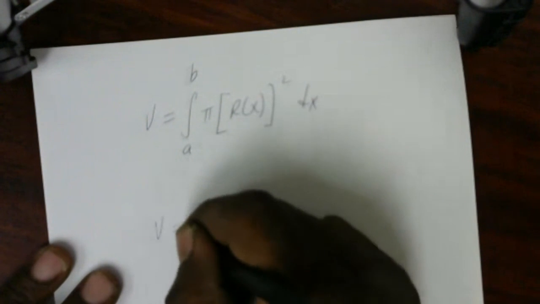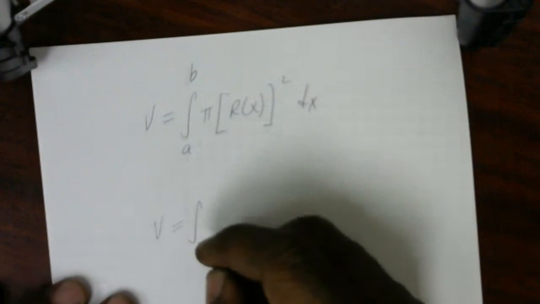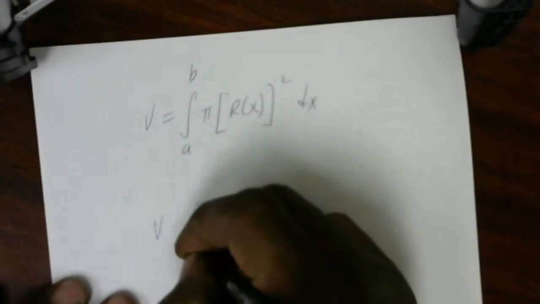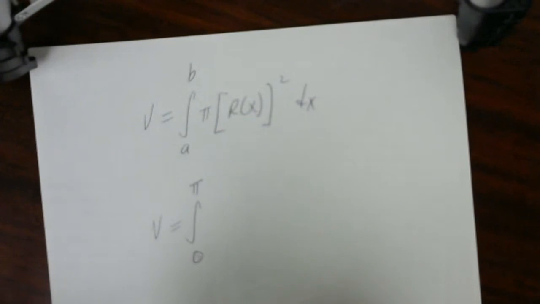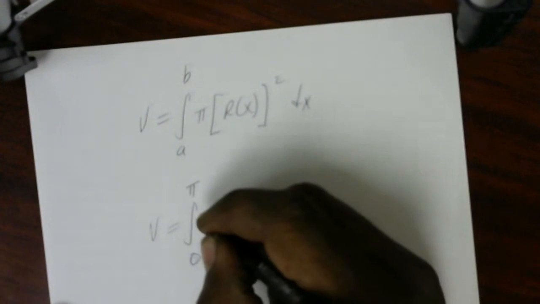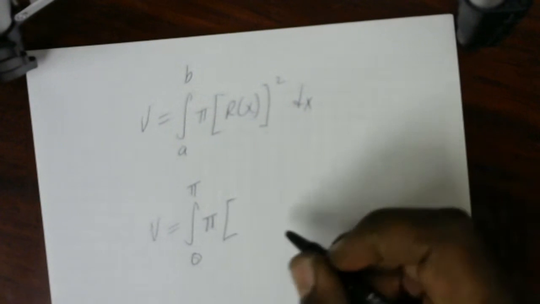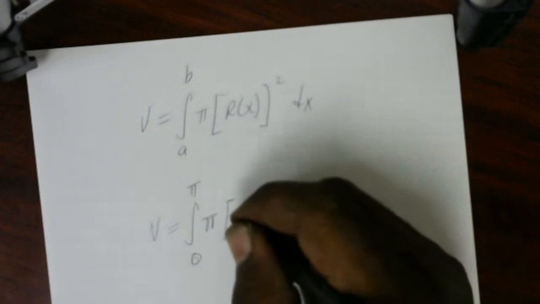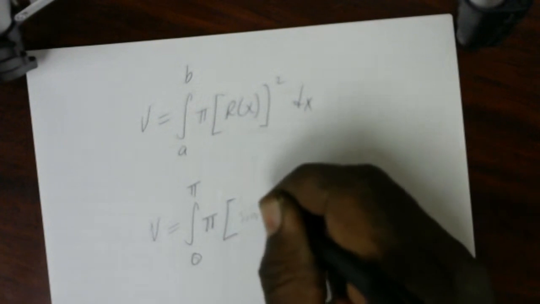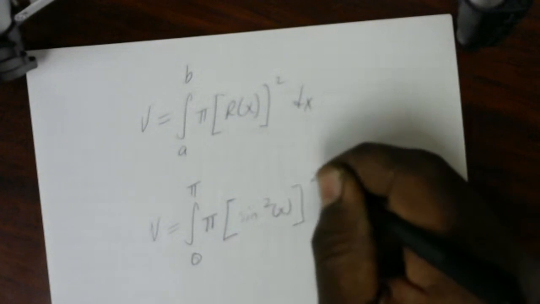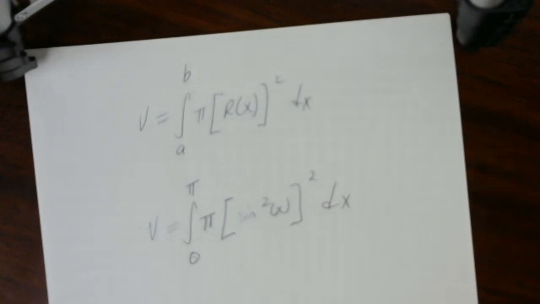So here we have the volume from 0 to pi for pi times the radius, which is our function. So our function was sine squared x, squared dx. So this is what we'll put into the calculator.